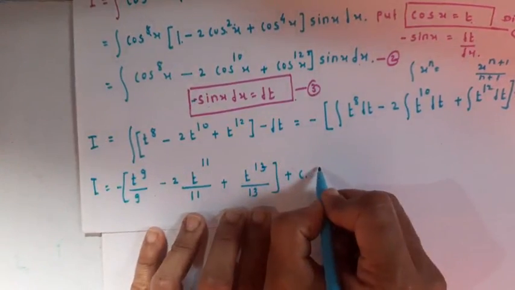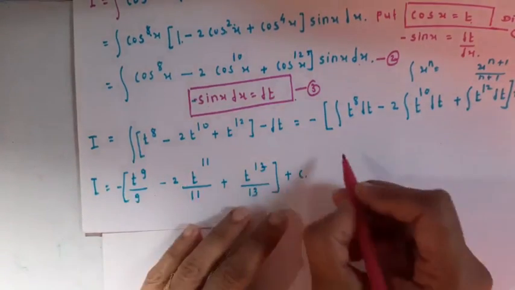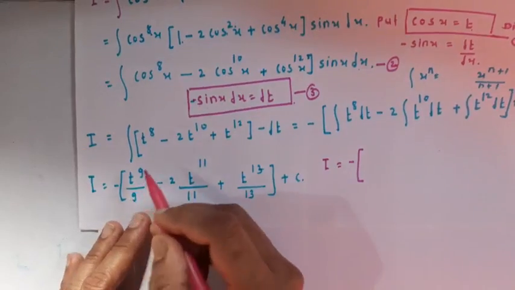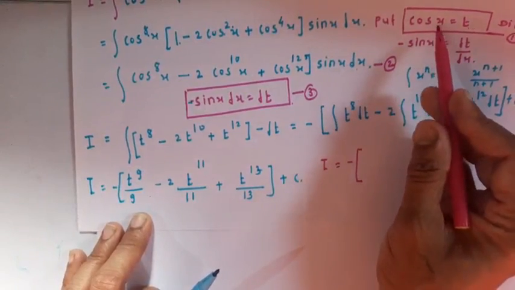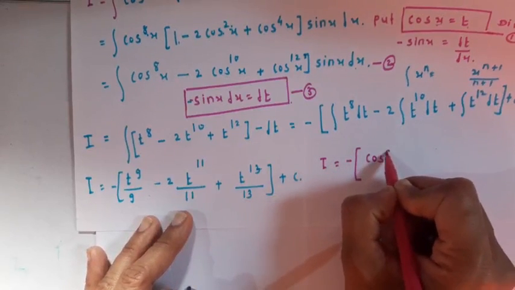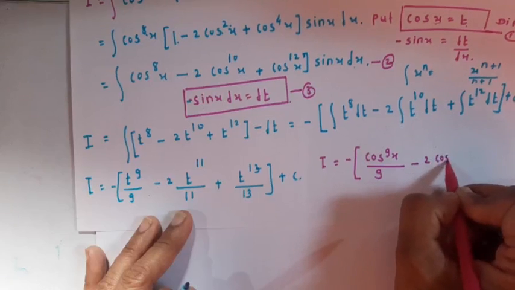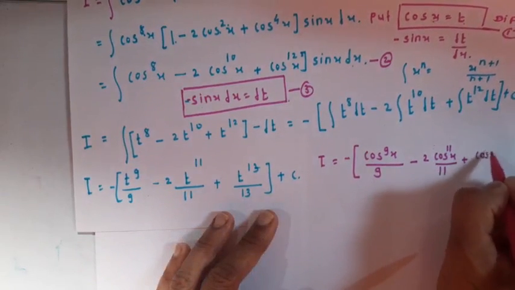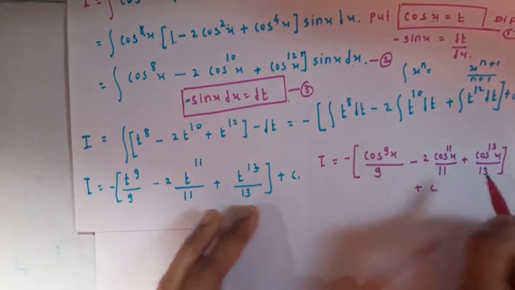Resubstitute the value of t, we will get the answer: integration I equal to minus sign outside, resubstitute the value of t, cos x is t, that is cos raised to 9x upon 9 minus 2 into cos raised to 11x upon 11 plus cos raised to 13x upon 13 plus constant of integration c.